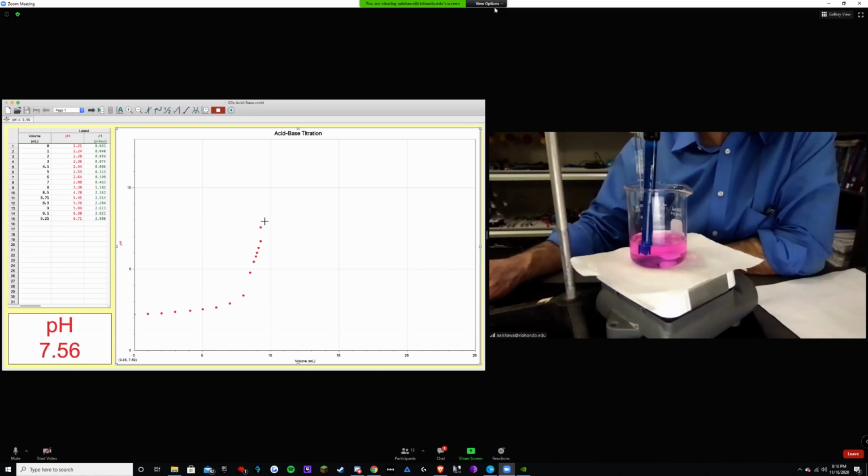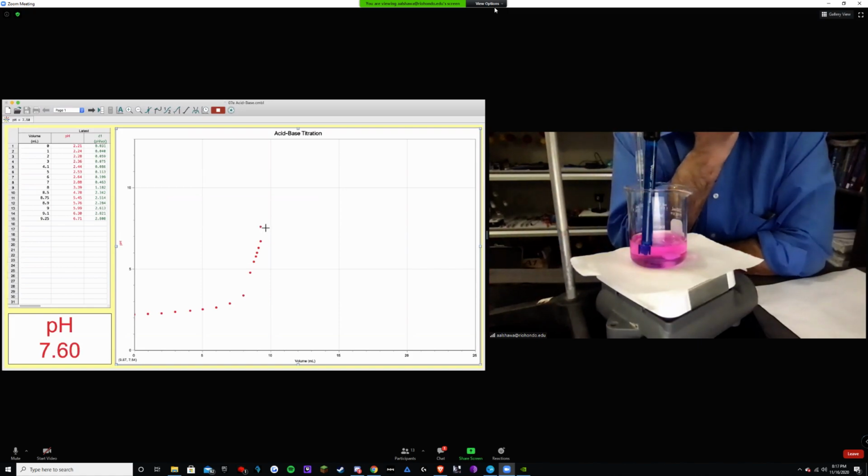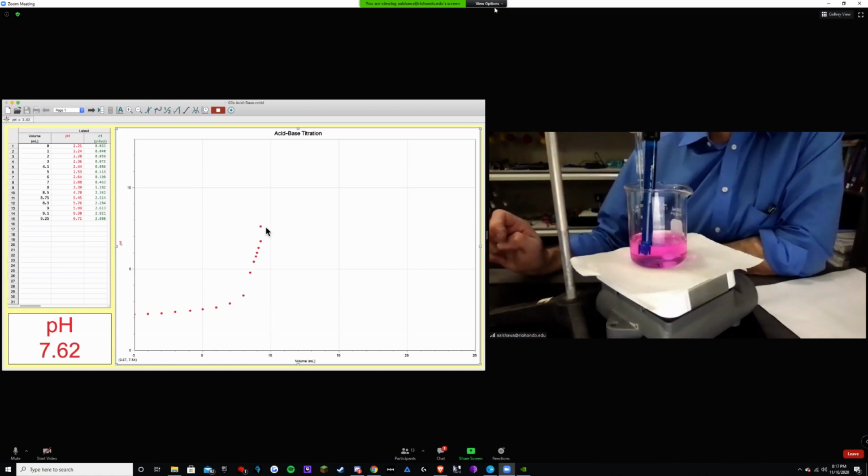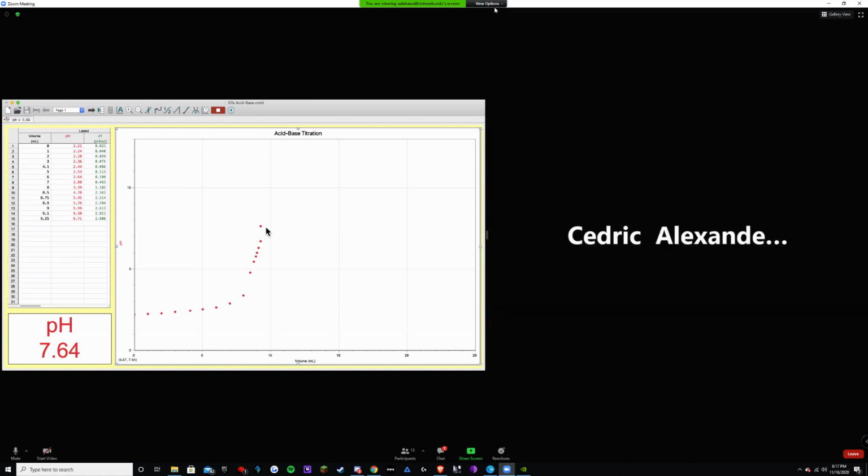So now I'm going to keep the cursor next to it and see how that moves up on its own. It did. It seems that the pH increases by 0.01 approximately every 2 seconds.